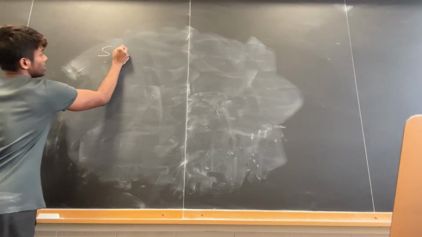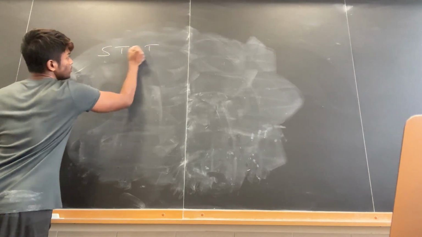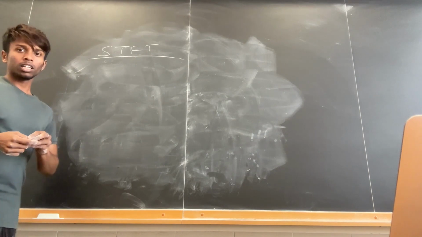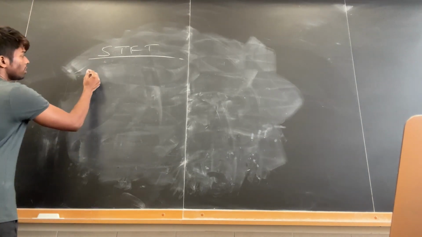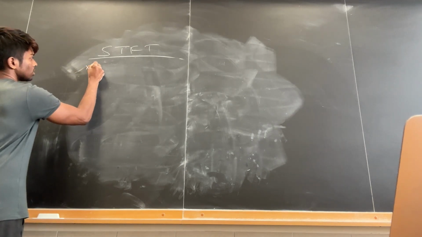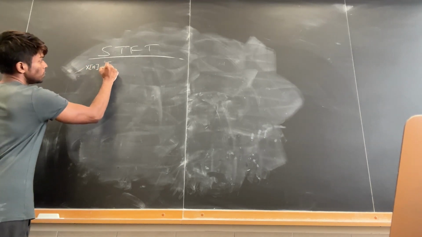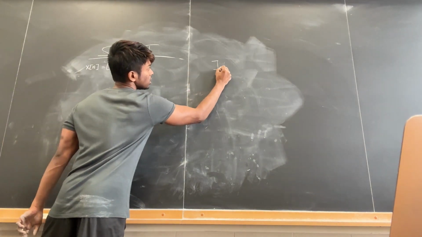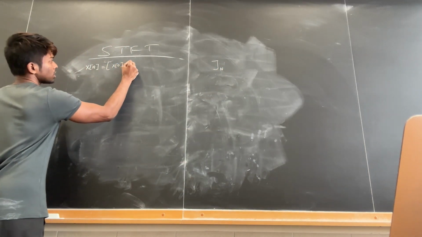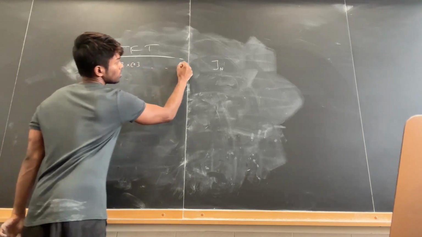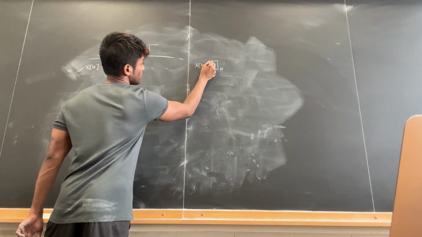So STFT is short time Fourier transform. So the idea and the algorithm of short time Fourier transform is that we have a signal x[n] which is n dimensional. So from this to this it has n dimensions. So it is x0, x1 up to xn minus 1.